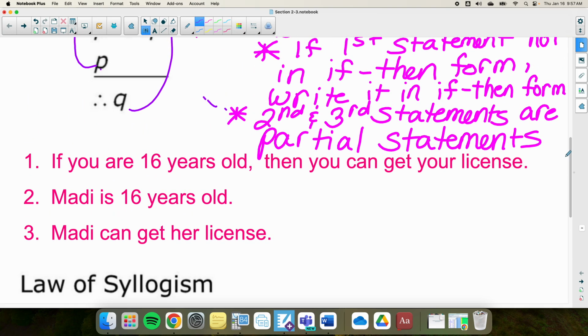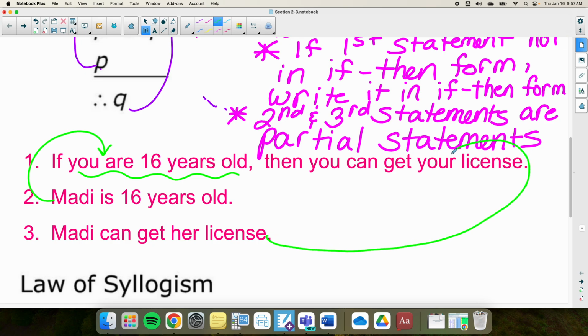It says, if you are 16 years old, then you can get your license. Maddie is 16 years old, so notice that this refers back to the beginning. It's talking about somebody being 16 years old, and then this is referring back to the end. It's talking about somebody getting their license.